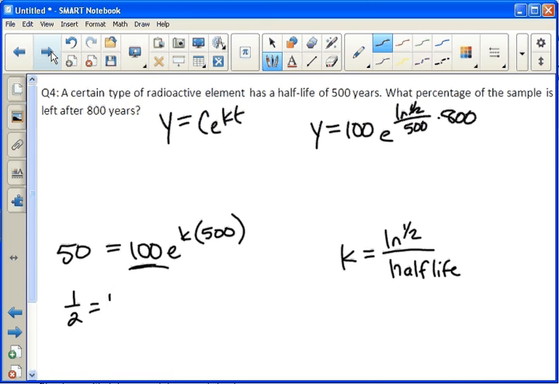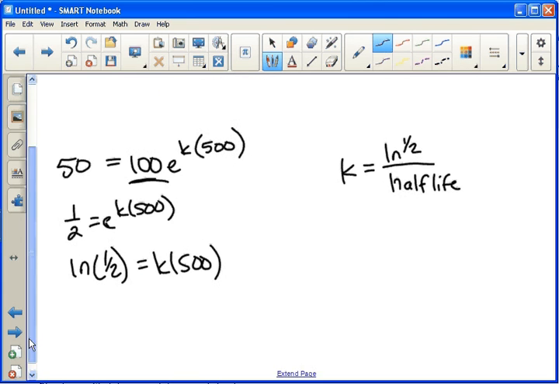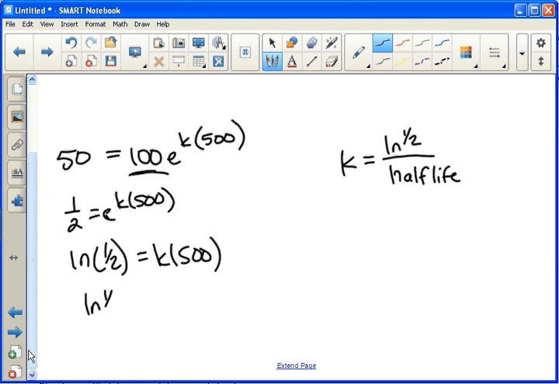Then take the natural log of both sides, and you get k times 500. And then divide both sides by 500, and hopefully you see exactly where that formula for k comes from when it comes to exponential decay with radioactive elements. So that is also one way you can solve for k if you forget this formula right here.